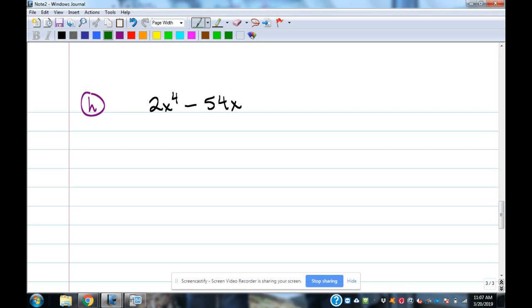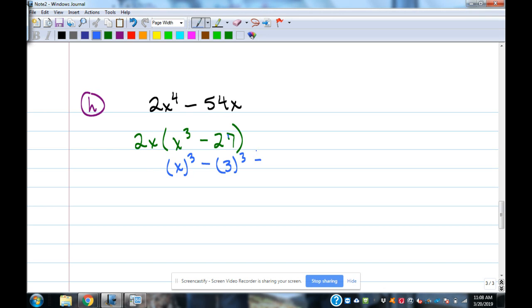That's good. GCF of what? x and 2, because 2 goes into 54. 54 is even, so I'm going to pull out a 2x. What's that leave in the parentheses? Which we know already is a what? Difference of cubes, because we've already done that problem.